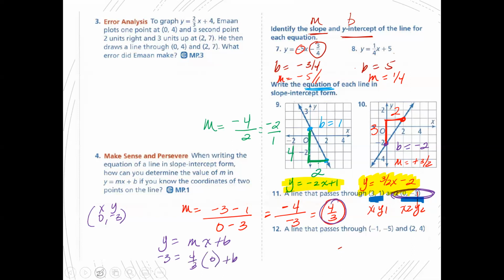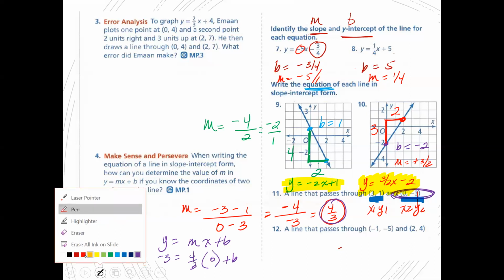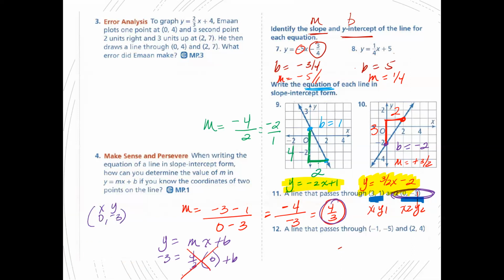And guess what? I can cancel the 0 and the slope. So then my b is just -3. So if I write my equation, y equals slope, which is 4/3, x minus 3. And that is my answer.